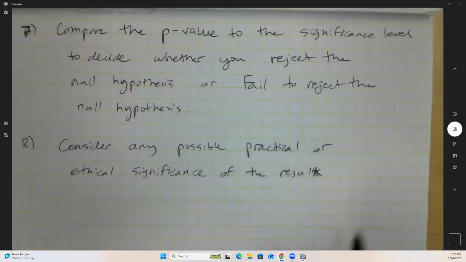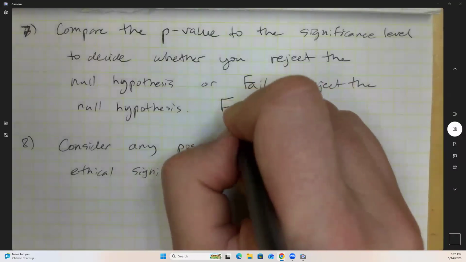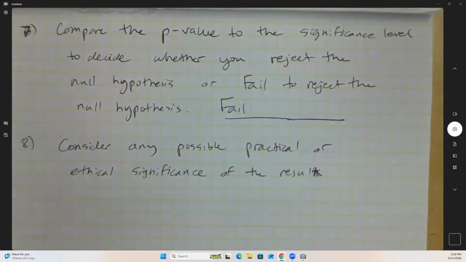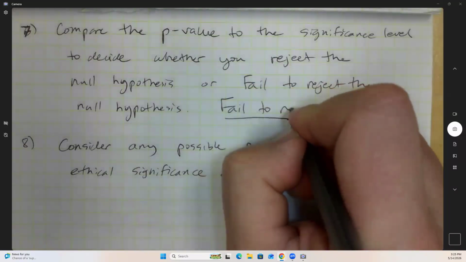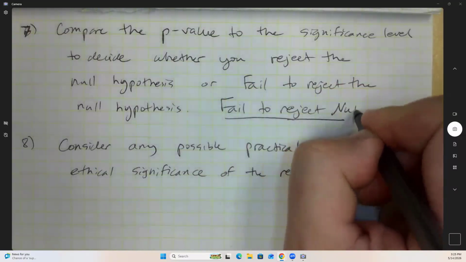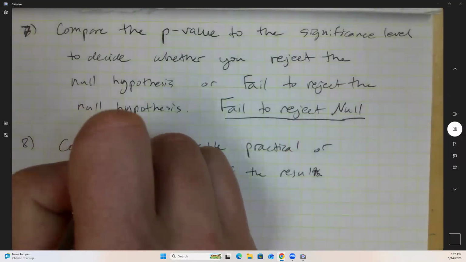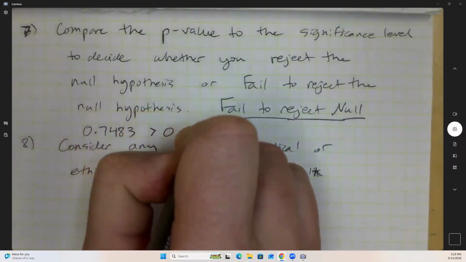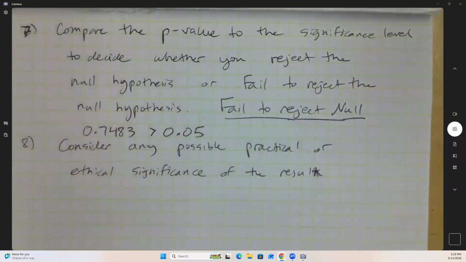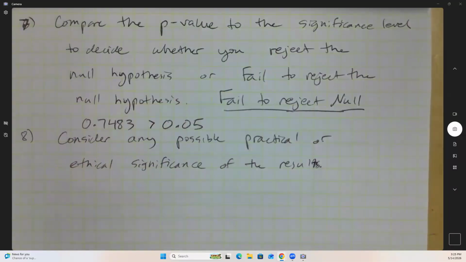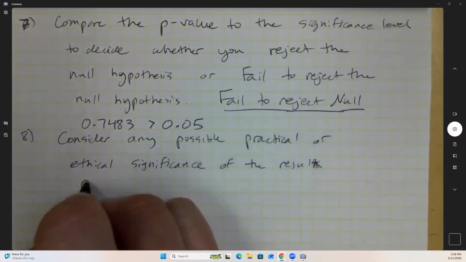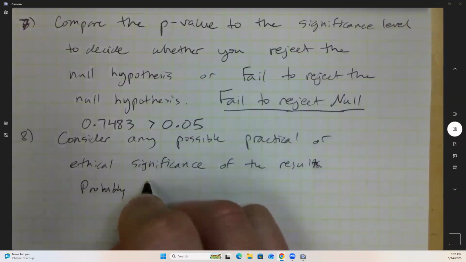And in this case, our actual decision in this example is we're going to fail to reject because their data simply was not strong enough. 0.7483 is greater than 0.05. And then we can consider any possible practical or ethical significance of the results. Well, probably none because the results weren't interesting.